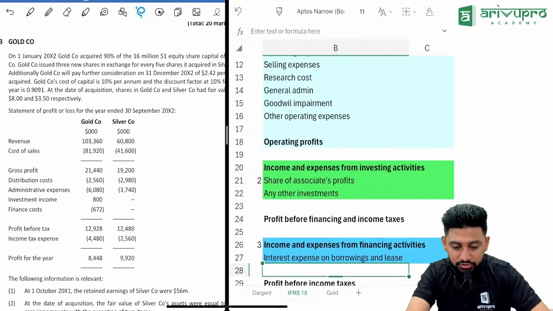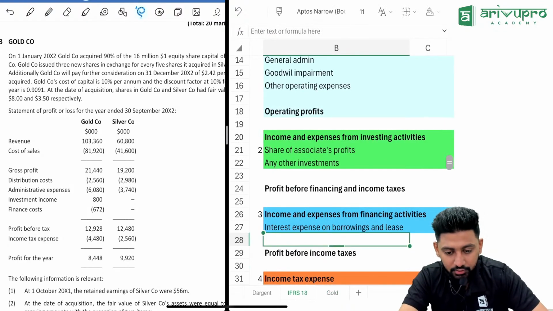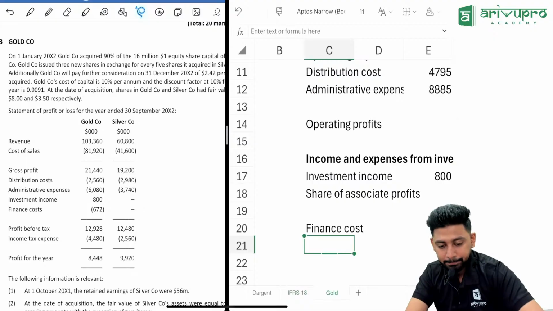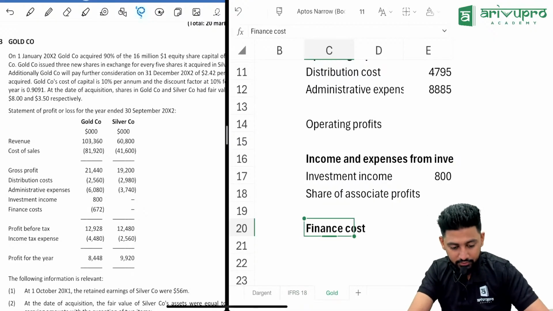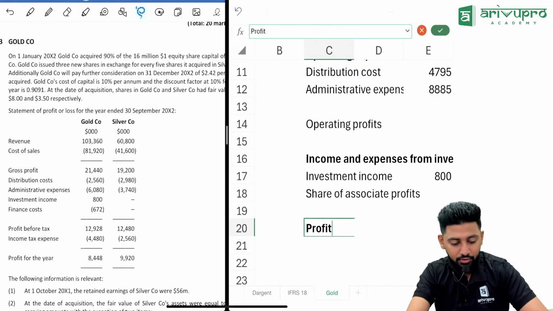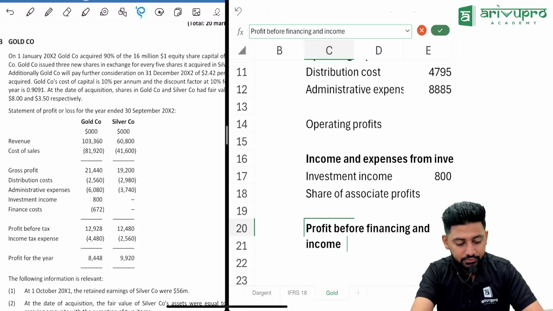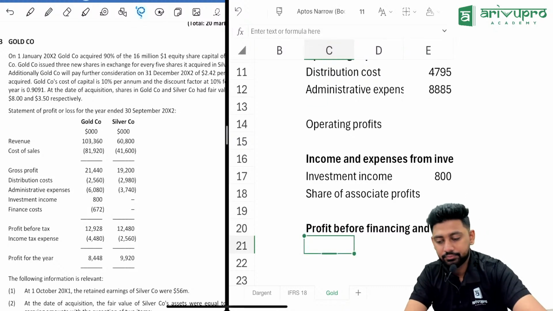So I'll have profit before financing and income taxes here.